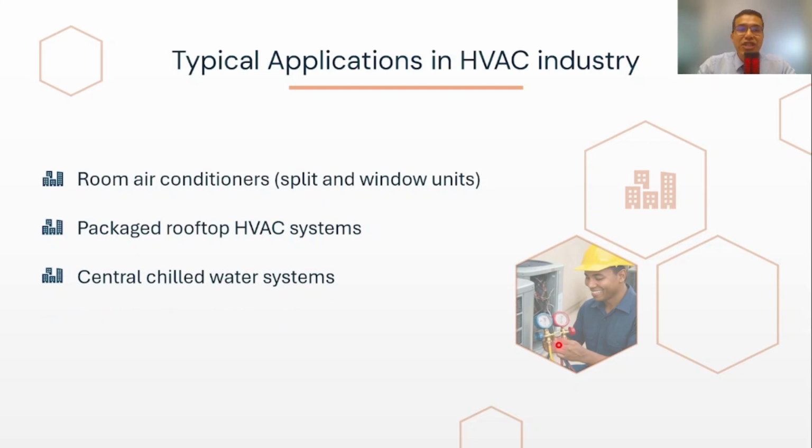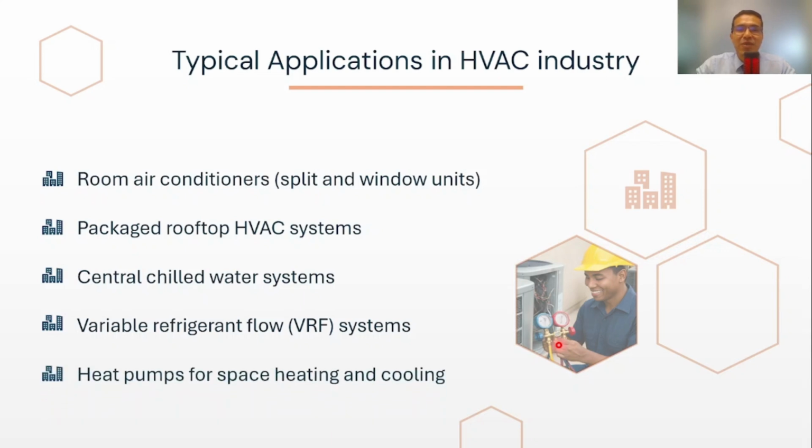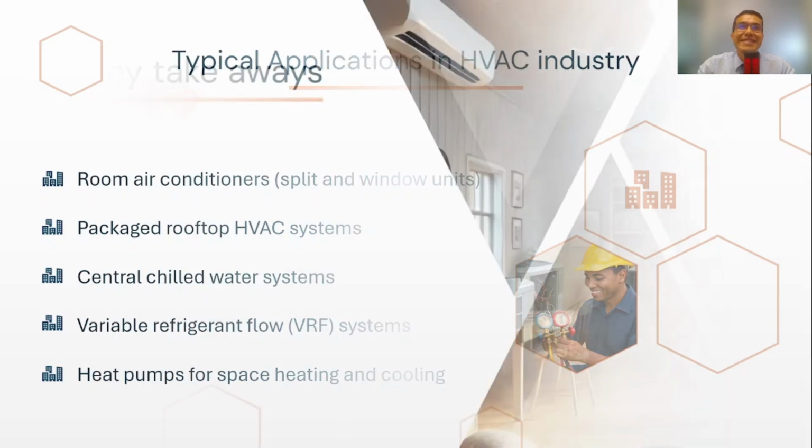In central chilled water systems, large-scale compressors chill water that is then distributed to air handling units throughout a facility. Variable refrigerant flow systems use vapor compression to deliver flexible and efficient climate control across multiple zones within a building. Finally, heat pumps, which can reverse the cycle to provide both heating and cooling, are increasingly popular in sustainable and all-electric building strategies.